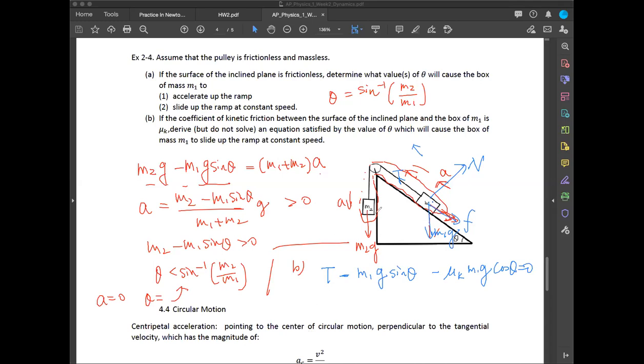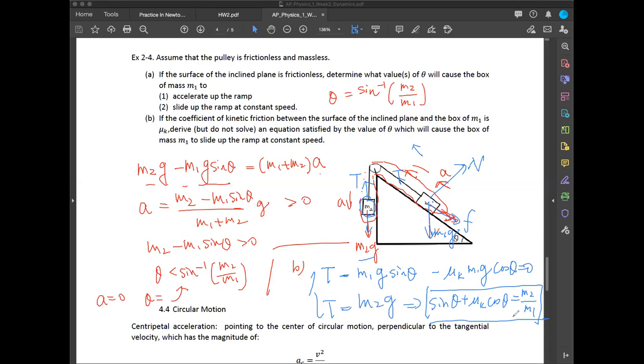Since it's in equilibrium, this T is balanced with the weight M2g when you analyze M2: we have T and M2g, and these two should be balanced. Then you just plug in, and this gives the result that sine theta plus mu k cosine theta should equal the ratio M2 over M1. Got it? Okay, cool.